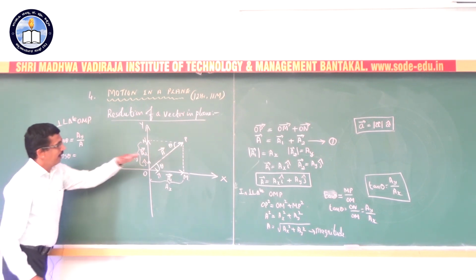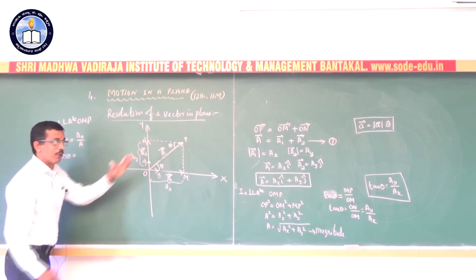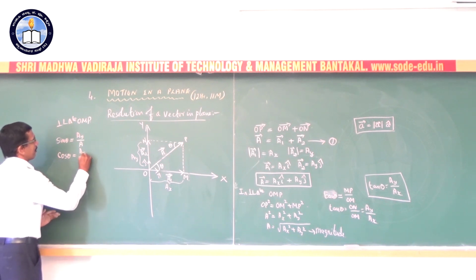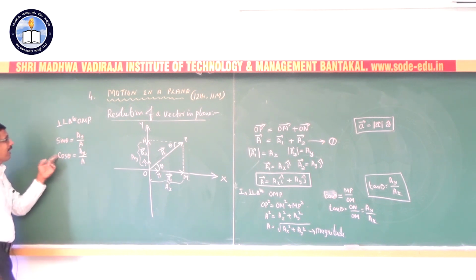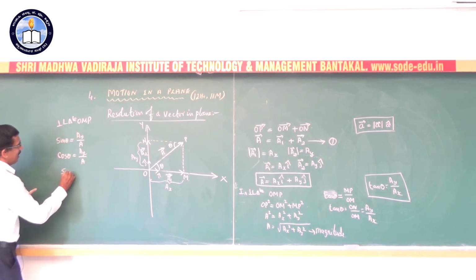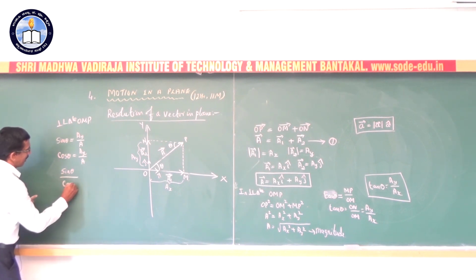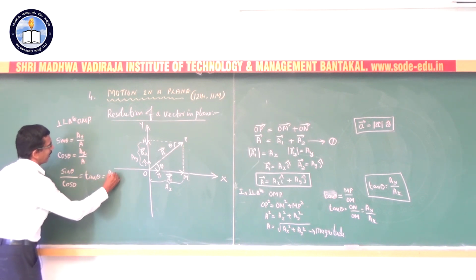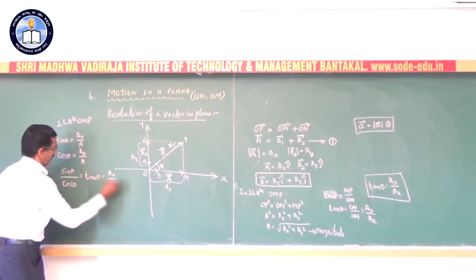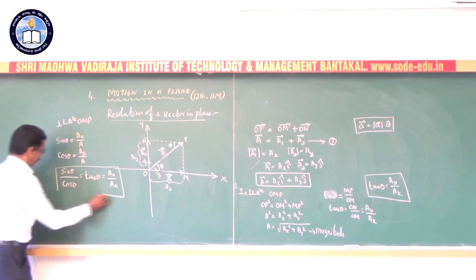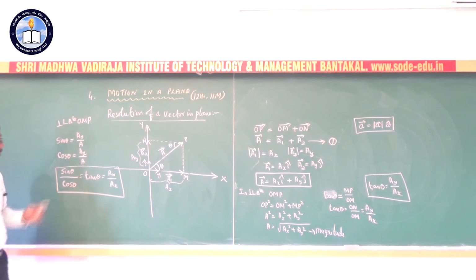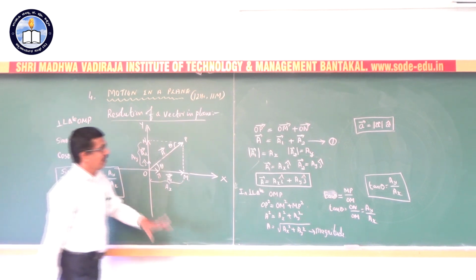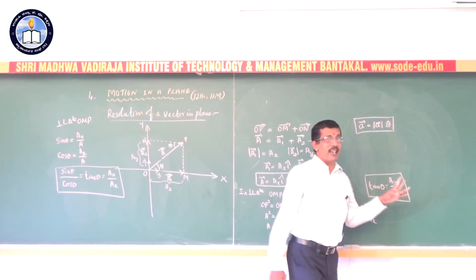Cos is adjacent side by hypotenuse, that is AX by A. What is sine by cos? Sin theta by cos theta is tan theta. Here also we get the same AY by AX.